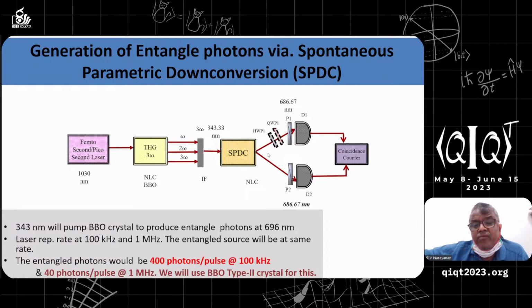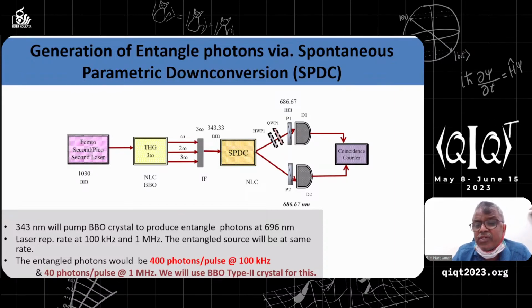The parametric down conversion process is the inverse process of second harmonic generation, and here one produces the entangled states in both arms, which is polarization-entangled, and D1 and D2 are single photon detectors. Basically, this process is a very weak process, of the order of, suppose you put 10 to the power 10 photons, you produce one. So the probability of producing SPDC is very, very small.